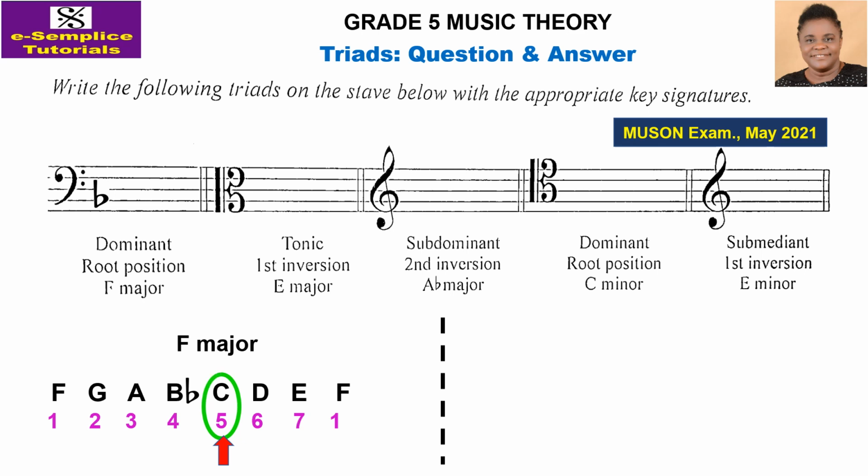So that will be at the root of the triad, a third above, a 5th above. Let's stack. We'll have C, E, G. Now, this is the root position because the dominant note is at the root. So let's put these notes on the stave.